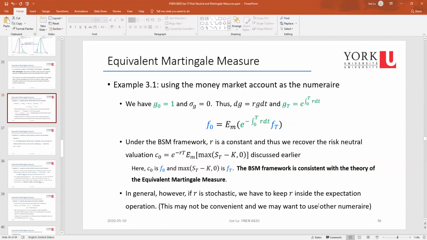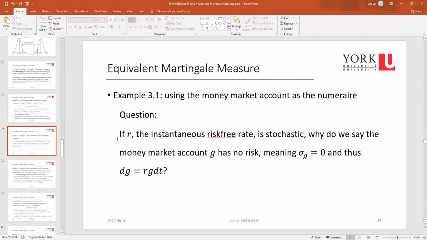But then the question is: if R, the instantaneous risk-free rate, is stochastic, why do we say the money market account G has no risk? Stochastic doesn't sound like risk-free. Stochastic has some uncertainty. So how do we reconcile those two?